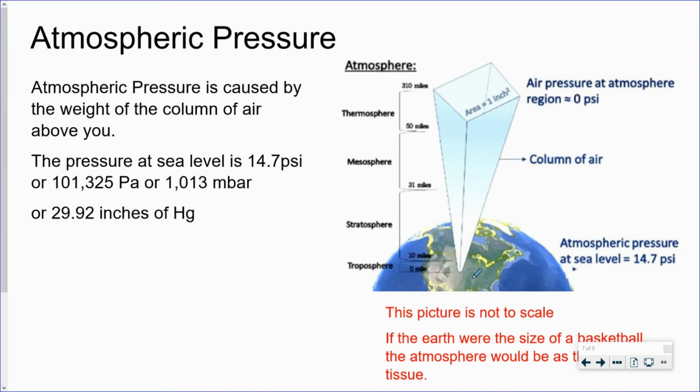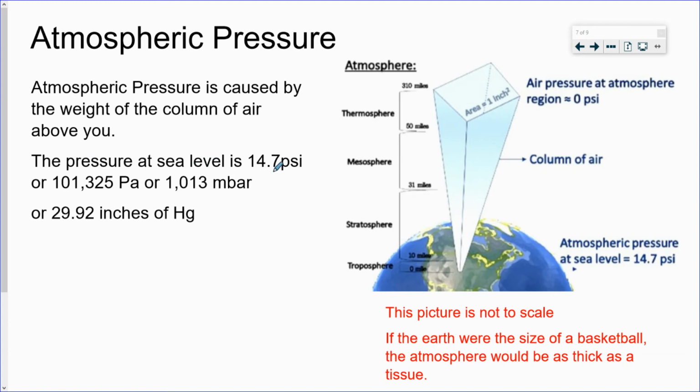If it was to scale, the thickness of the Earth's atmosphere, I put down here, if the Earth was the size of a basketball, then the atmosphere would only be about as thick as a piece of tissue paper. But you scale that up and you got 50 miles or so of air stacked up above you.